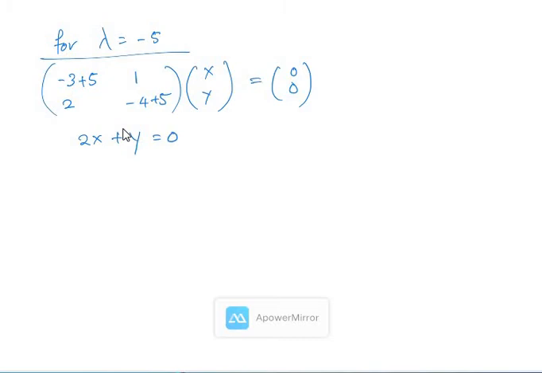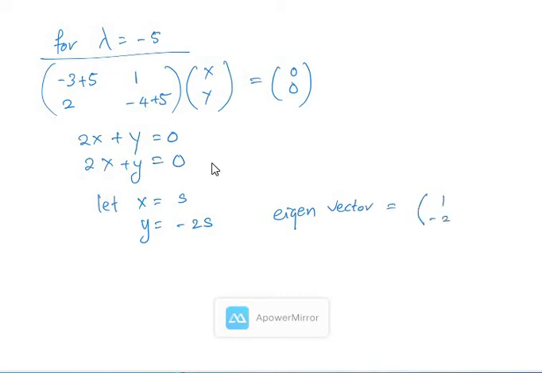Similarly the second row, 2x plus y equal to 0. So then you assume that x is equal to s, and you can substitute in either one of the equations, you will get the same value. So y is equal to negative 2s. So the eigenvector is equal to 1 and negative 2 times s.